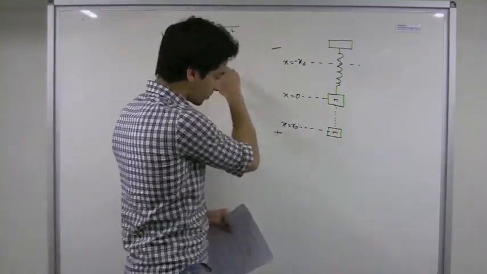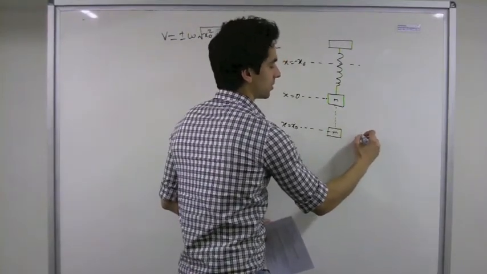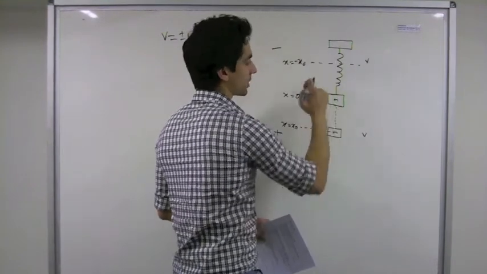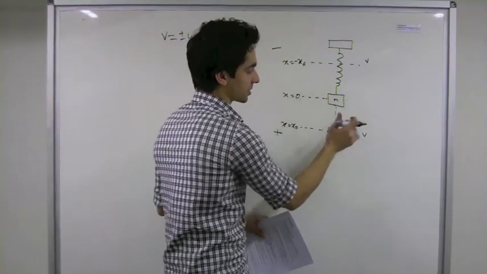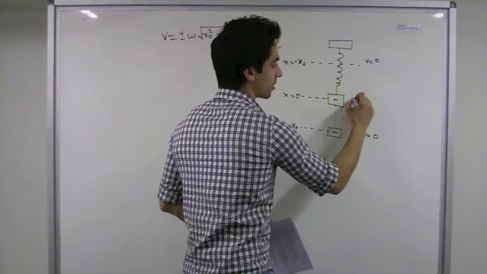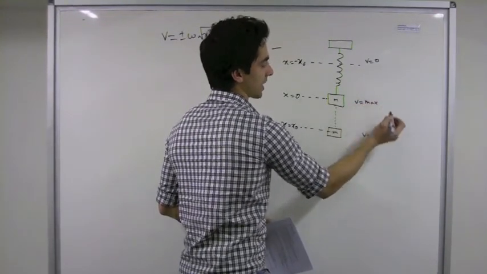From the graphs that we saw, we know that the velocity at the end points, or the points where the object reaches the maximum displacement, is 0, whereas at the equilibrium position, the velocity is maximum.